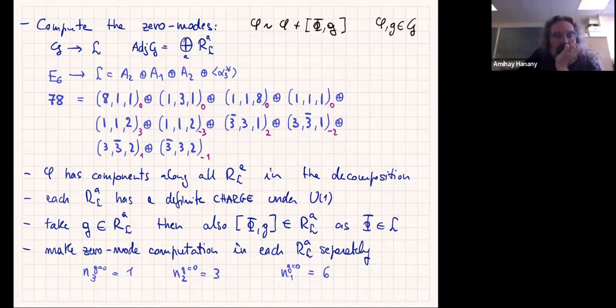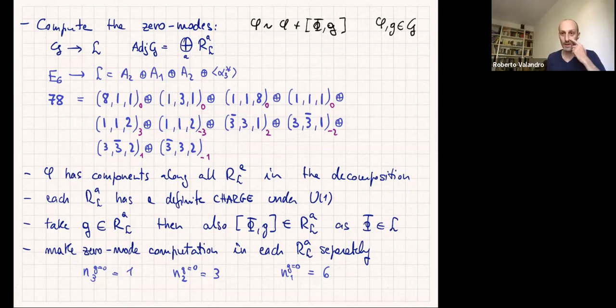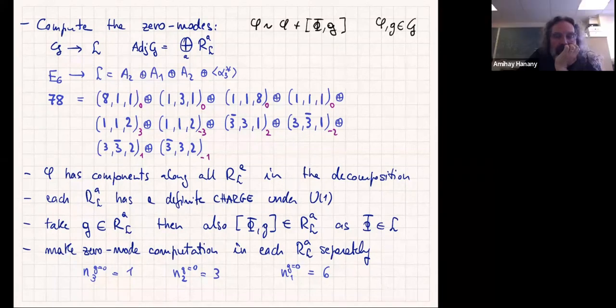This is a tricky characteristic of this kind of threefolds. And not even the subgroup A2, A1 is a flavor symmetry. We should not think of it as a flavor symmetry.